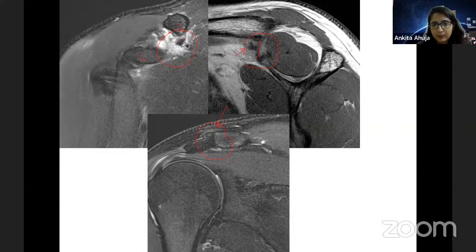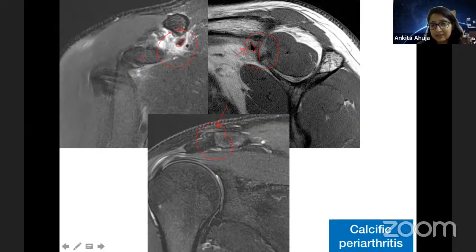So this hypointense thing which you are seeing over here and over here is your calcification, and this is nothing but calcific periarthritis. So this is something which can mimic and should be kept in mind clinically as well as radiologically, and a mimicker in quite a few locations.